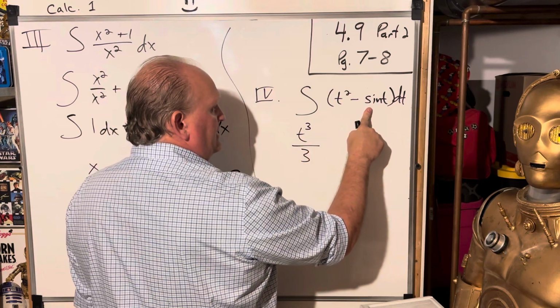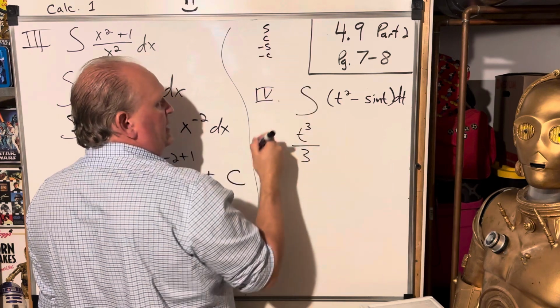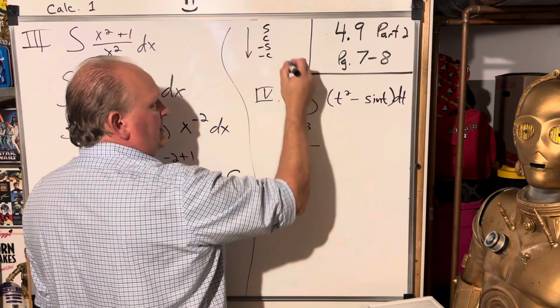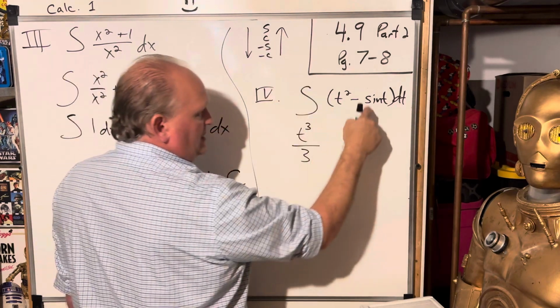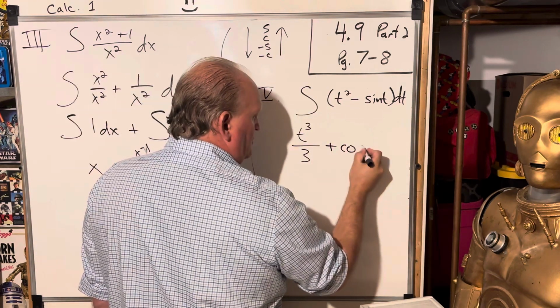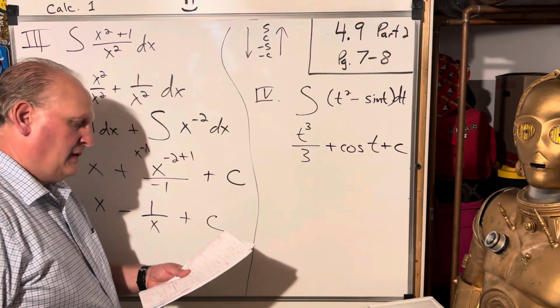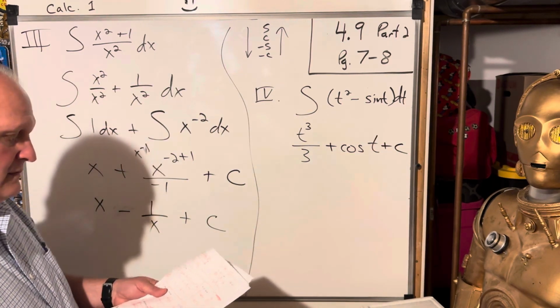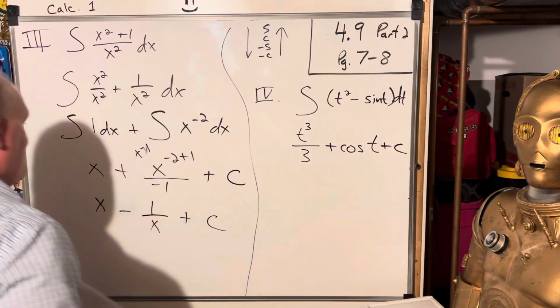Now you've got to think about sine and cosine: when I'm deriving, I'm going this way, and when I'm integrating, I'm going that way. So if I go from negative sine up, it's going to be cosine, so just regular cosine: t cubed over 3 plus cosine t plus c. And that's it. So, some of these are pretty quick, which is good.